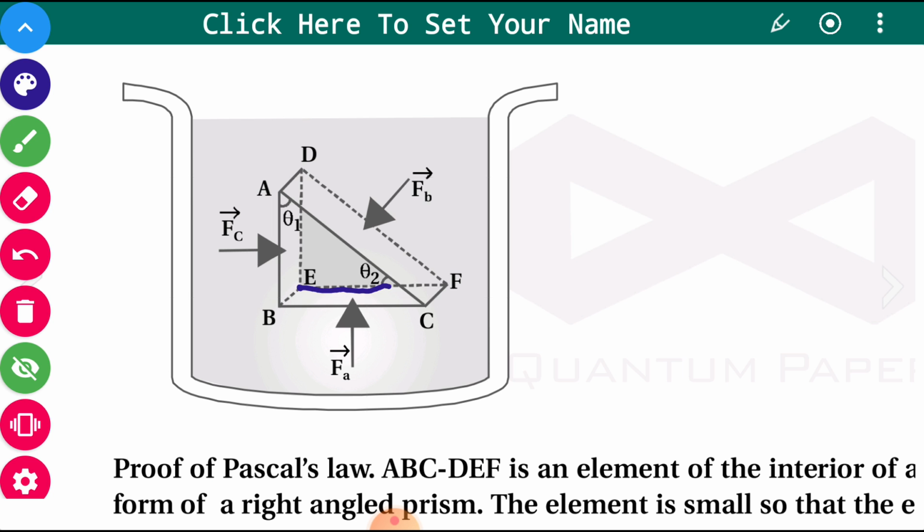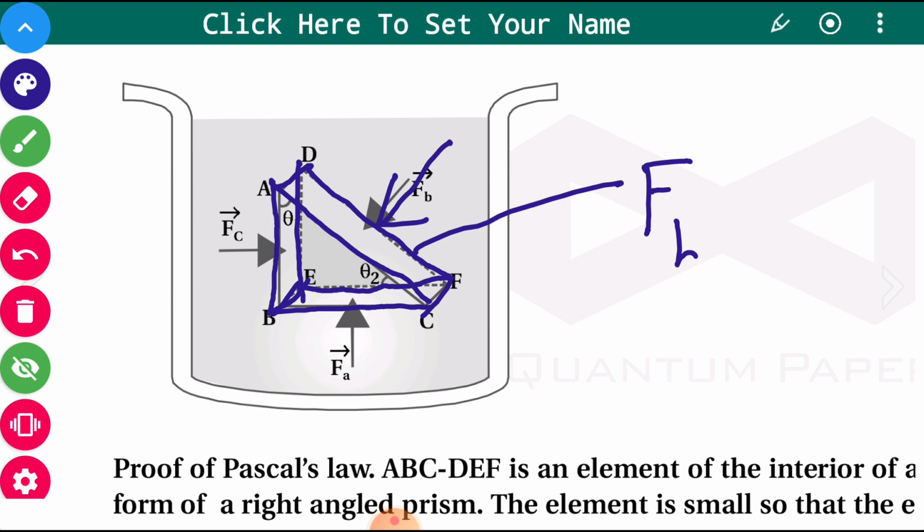You can see EFCB, and this is another section ADBE. And this is the last section, that is ADFC. The force acting on this surface is FB.